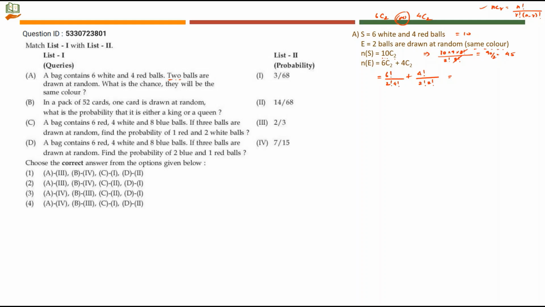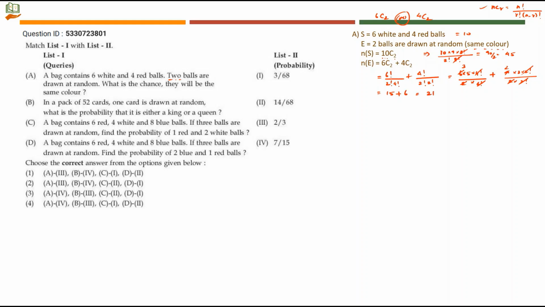So how can you express 6 factorial? 6 into 5 into 4 factorial divided by 2 into 1 and this 4 factorial as it is, we can cancel, plus 4 into 3 into 2 factorial divided by 2 into 1 and this 2 factorial as it is, we can cancel. Now if we cancel, this will be 3 and this will be 2. 3 into 5 will give you 15 plus 2 into 3 will give you 6.